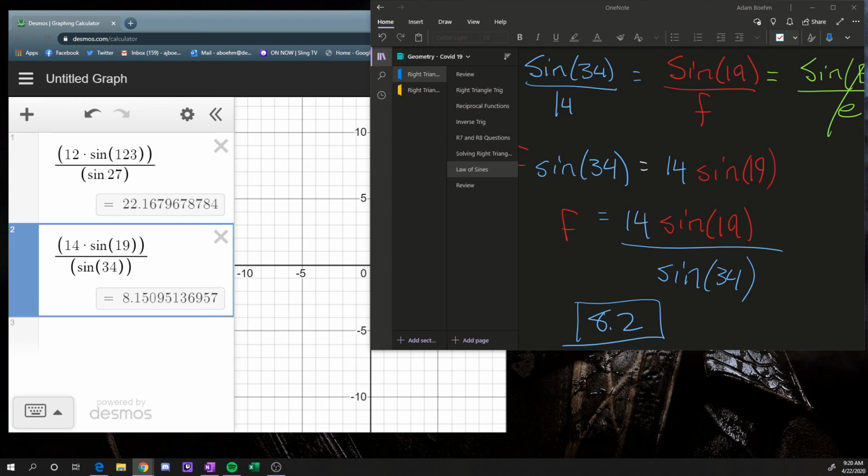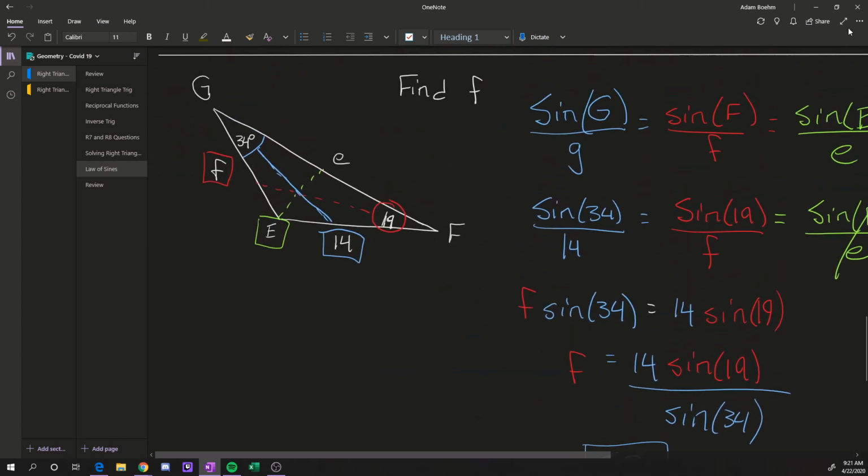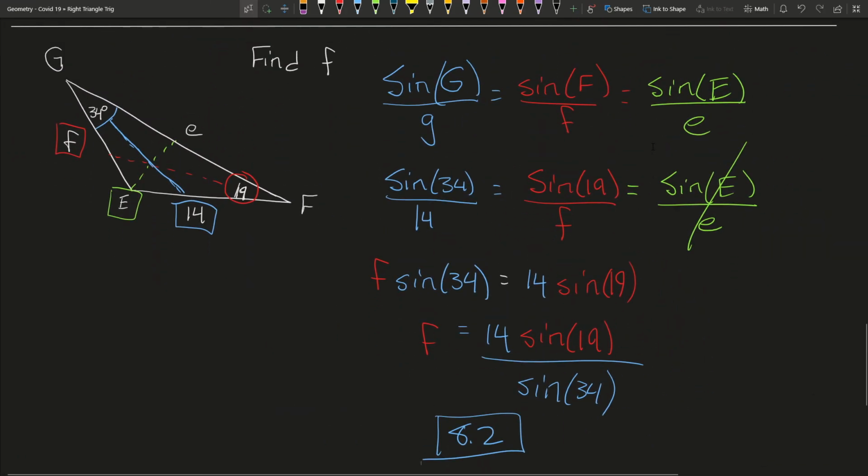Questions about that problem? Questions about anything I just did? Is Desmos easier to use?